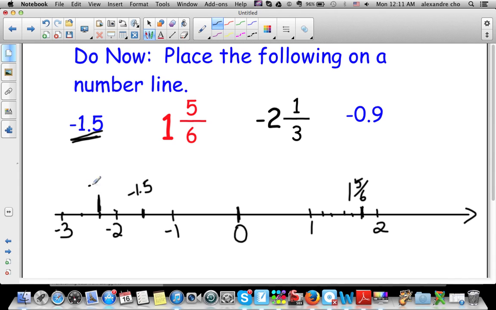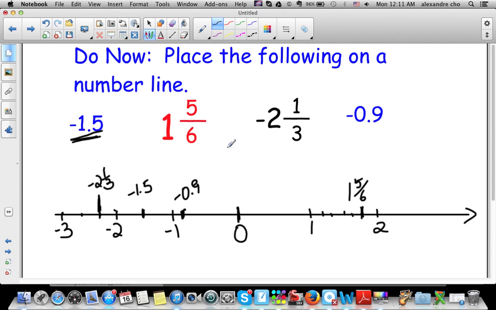So here's -2 1/3. Okay. Finally, -0.9. 0.9, it's not exactly 1. It's less than 1. So you go from 0, you would go all the way to close to 1, but not fully 1. So right about there would be -0.9.